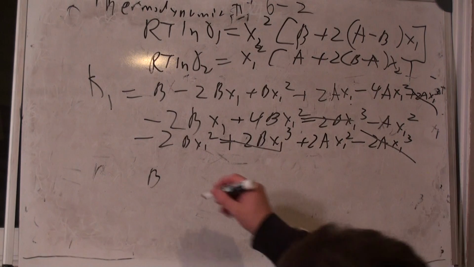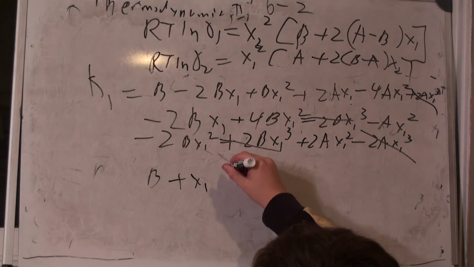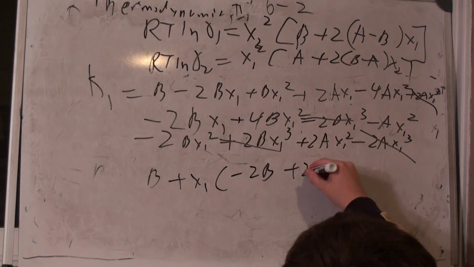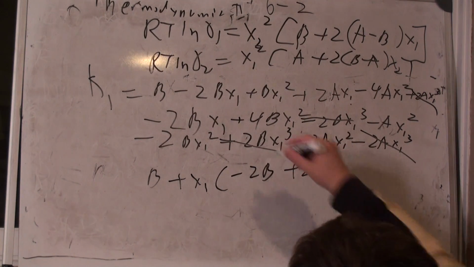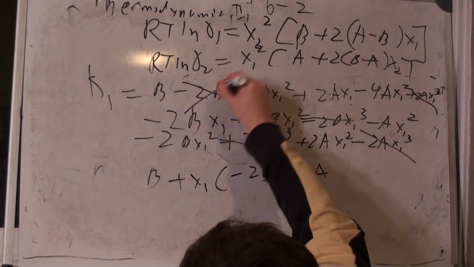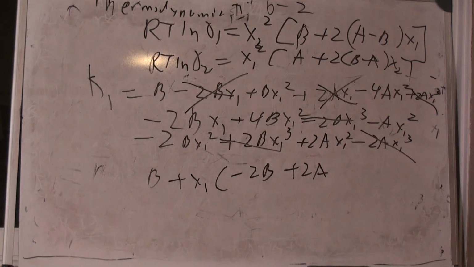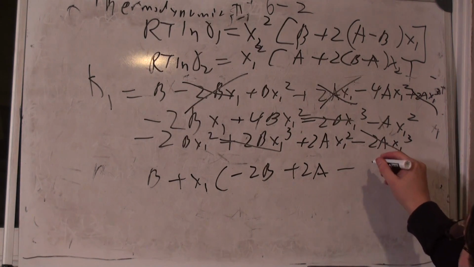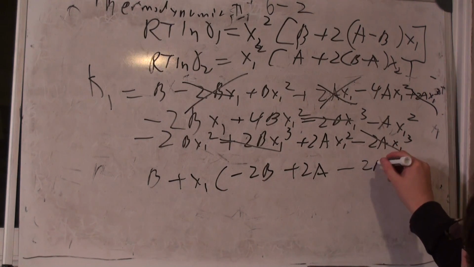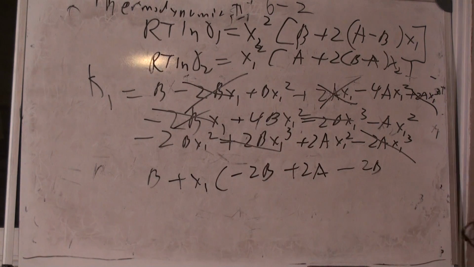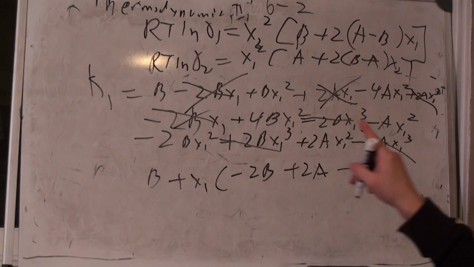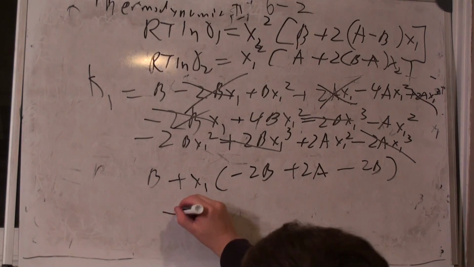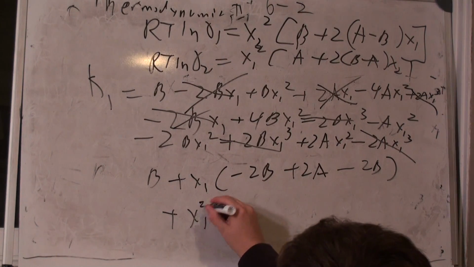Let's do my x1s. Plus x1. So I've got a minus 2b. I've got a plus 2a. Minus another 2b. Okay, plus x1 squared.